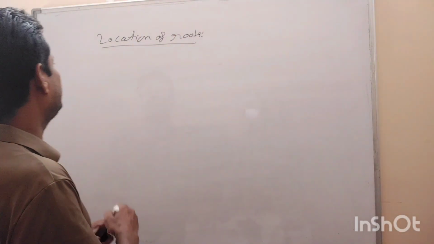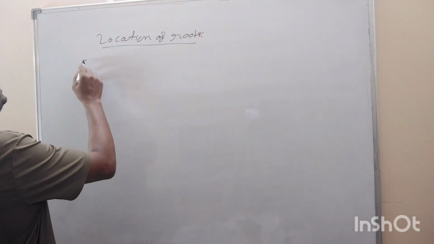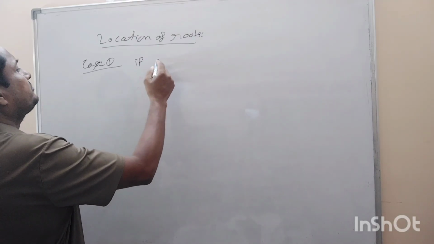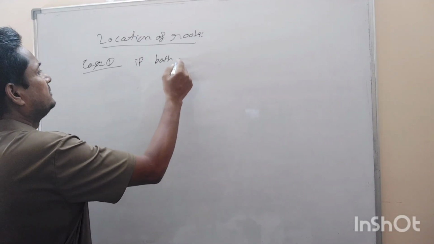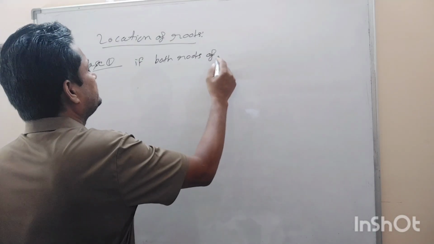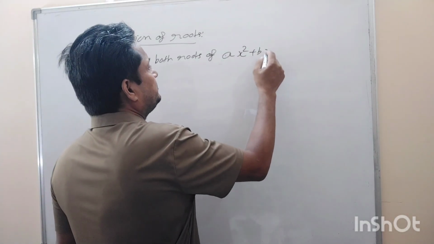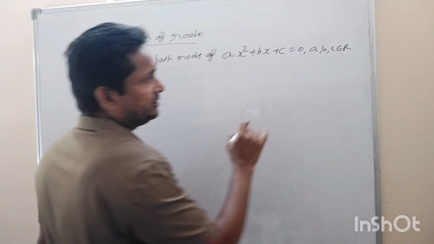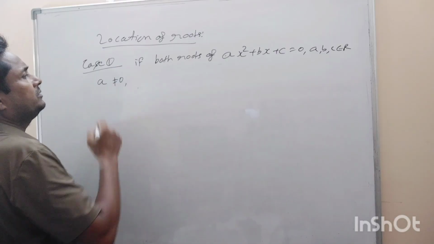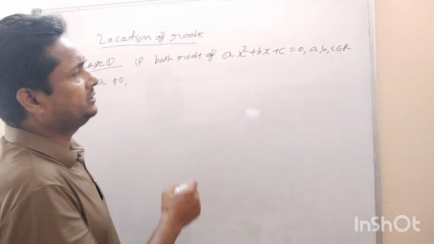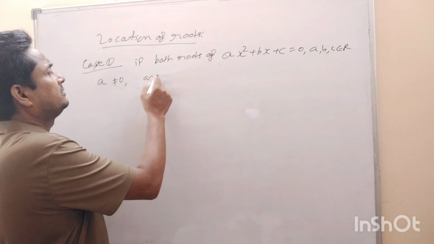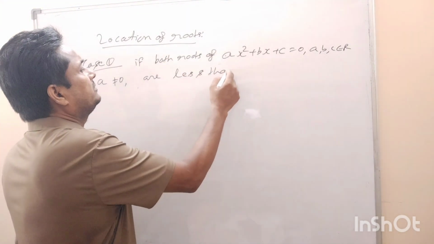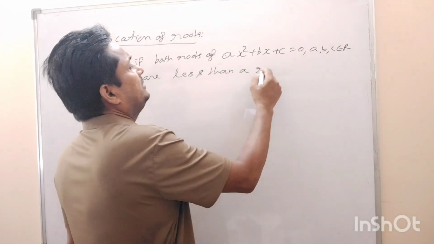So what is the first case? Case 1. If both roots of ax square plus bx plus c equals 0, where a, b, c are real numbers and a does not equal 0, are less than a real number k.